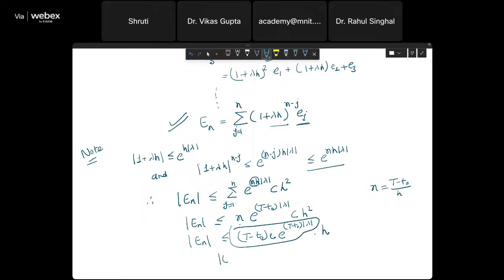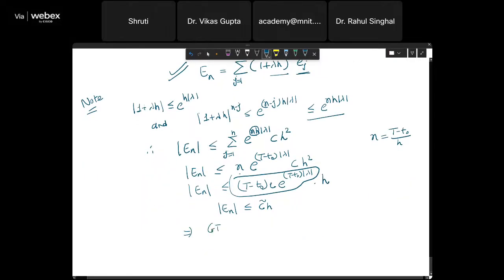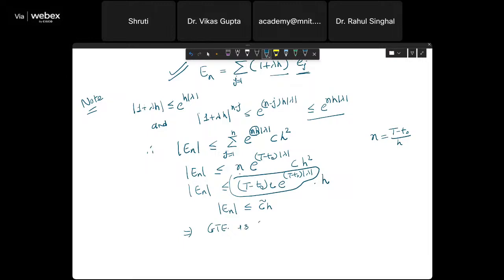And finally we have that the estimation for En is C tilde h, which means the global truncation error of the Euler method is of order h. So it is one lesser than the order of local truncation error. So this is the technically correct proof which we have done for the Euler method here.